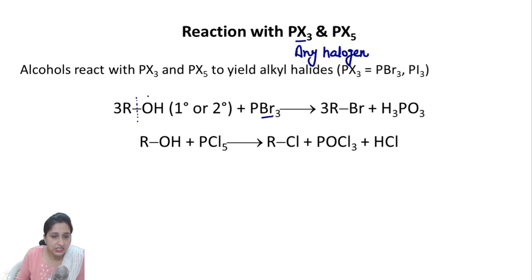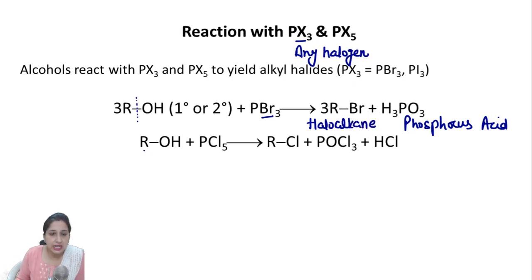So we will get 3RBr. OH will be removed and Br will occupy its position. So 3RBr and phosphorus acid will be released. This is your phosphorus acid, and this is your alkyl halide, or you can say haloalkane.